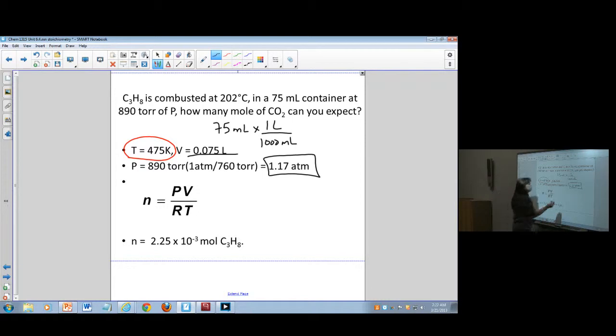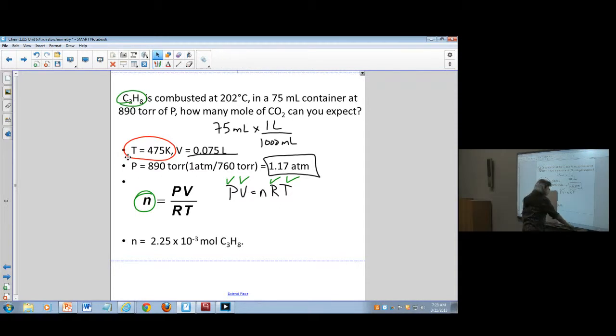You'll rearrange PV equals nRT to get n. Now we know everything. We know the pressure, the volume, R, and temperature, and so we can calculate n, the moles of the C3H8, or the propane. But that's only part of the problem because we need to get to moles of CO2.